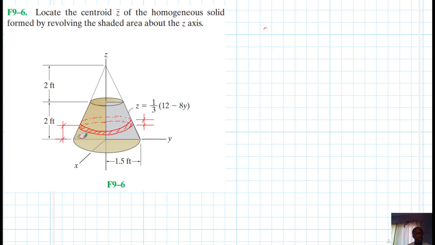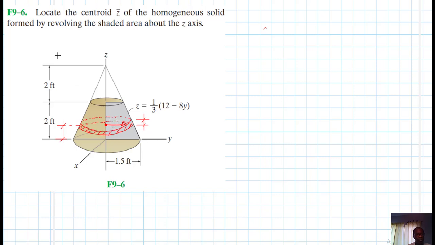Of course, this is both from the y as well as the x because it goes round, but we're just using the y-axis for now. And then we do also have the radius, like so, which is equal to r.